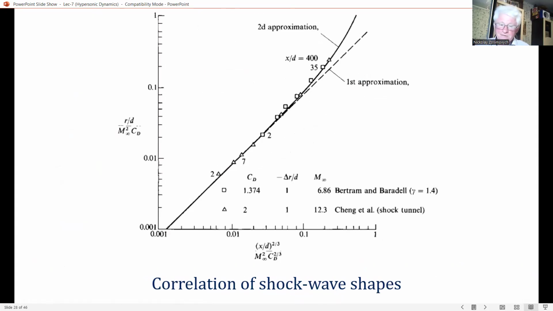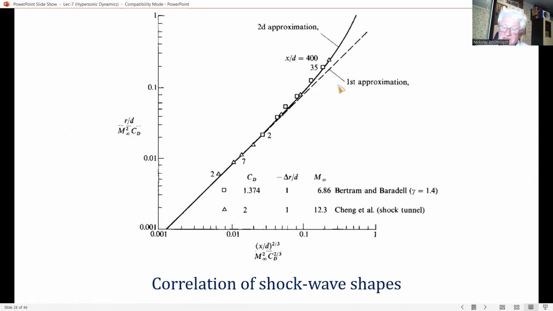If the results for both the first and second approximations are shifted upward by the amount delta R equals D, much better agreement is obtained, as you may see in this figure. The curves line up for the most part, and some parts from the first and second approximation are a bit different.